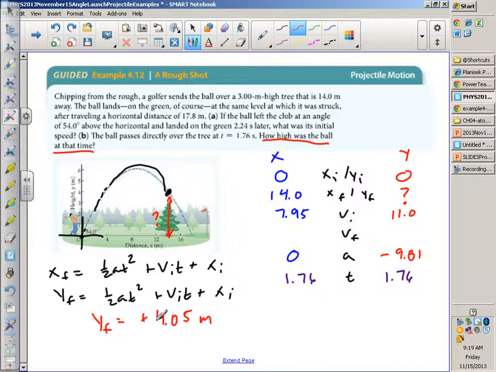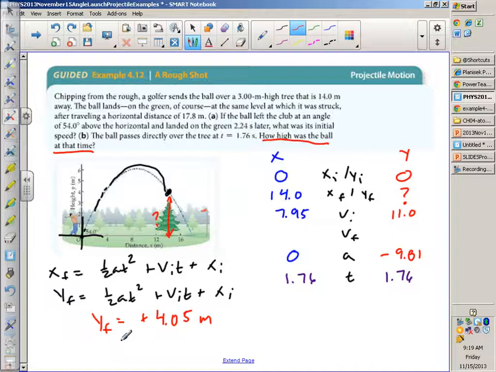We end up with positive 4.05. Hopefully. I got 4.6. Let's do this. Did you use 11 for your initial velocity, or did you use like 10.98?